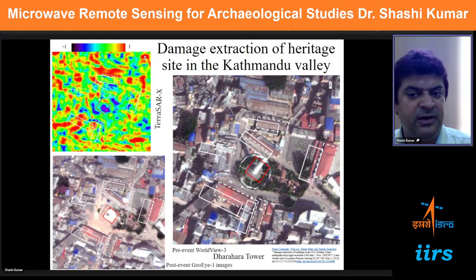This is the normal condition when there was no damage, and when the earthquake occurred, we are able to see that the damage occurred, and finally that was detected with the help of the SAR data set also.